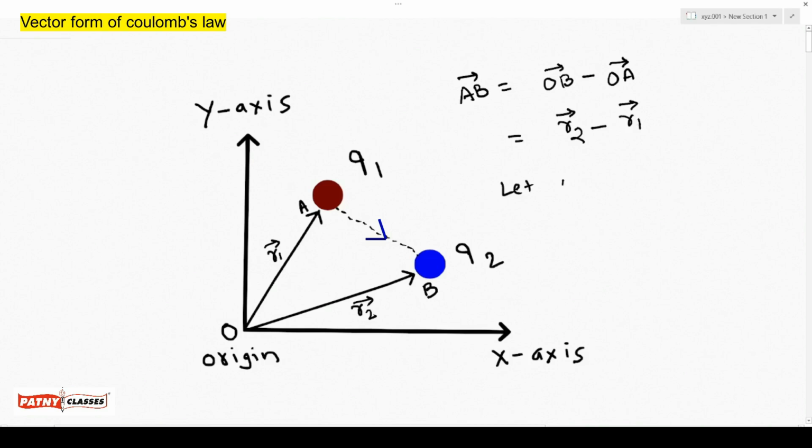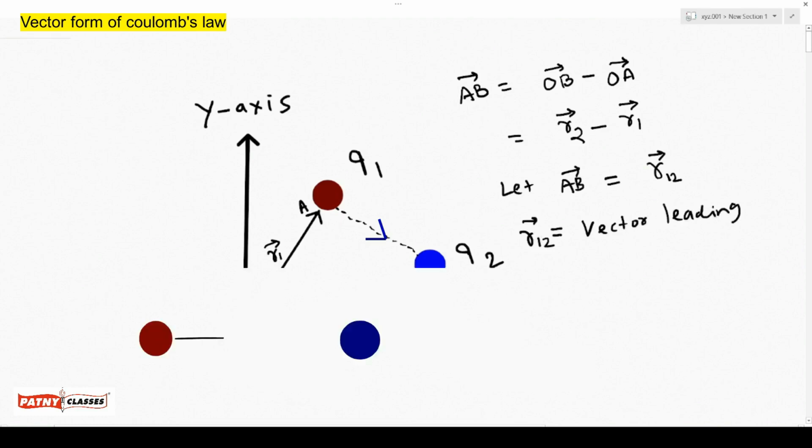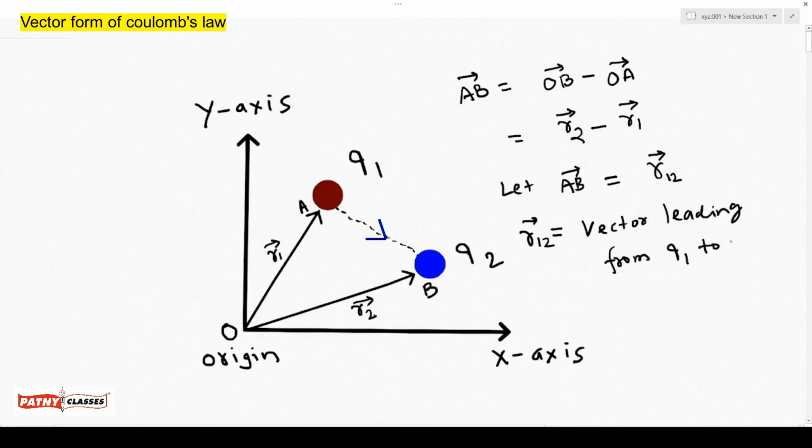Let vector AB equal vector R12, where vector R12 is nothing but the vector leading from charge Q1 to charge Q2.